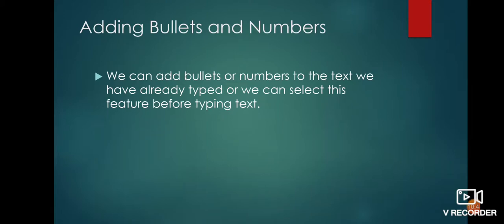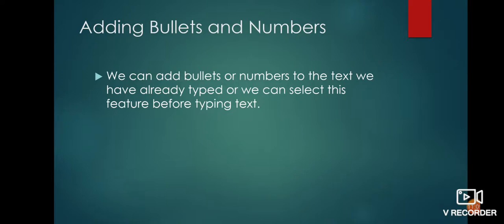Adding bullets and numbers. How can we add bullets and numbers? What do you mean by bullets and numbers? See, bullets and numbers are normally used when we are making a list of items, right? When we are making any list of items, we will be using either numbers or we can put asterisk marks, arrow marks. These all are bullets.